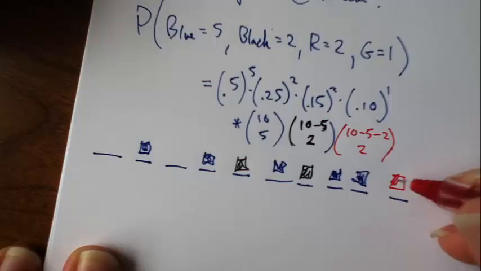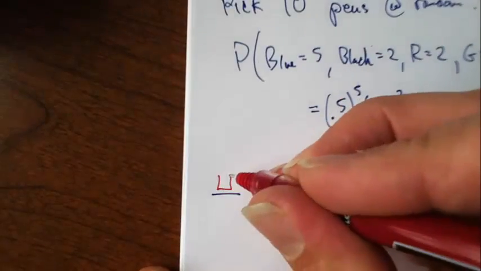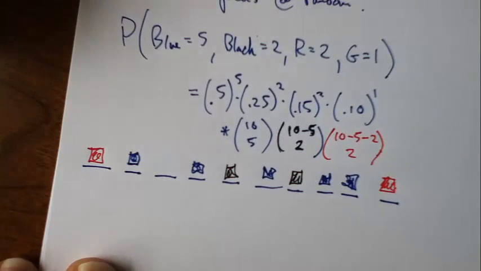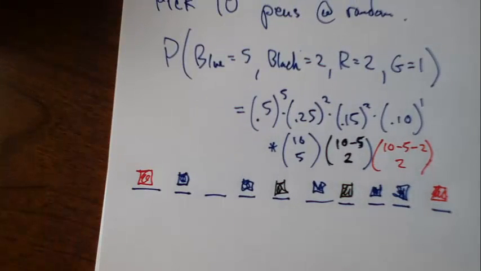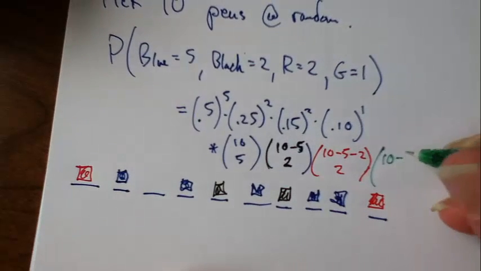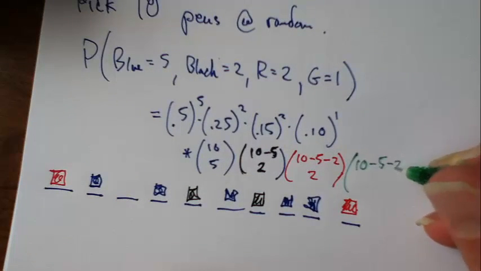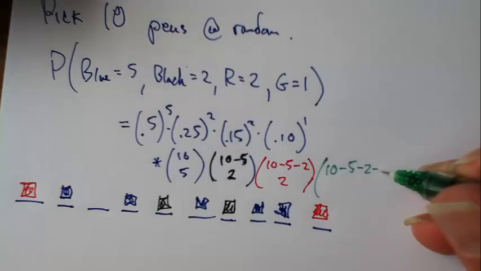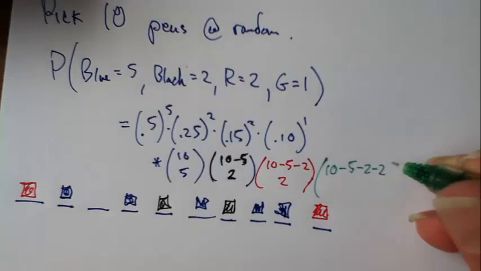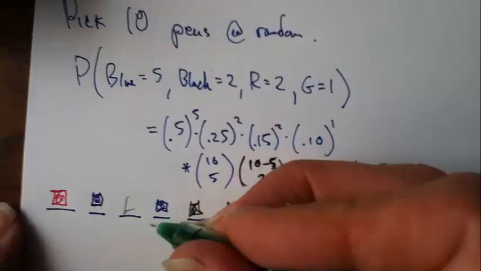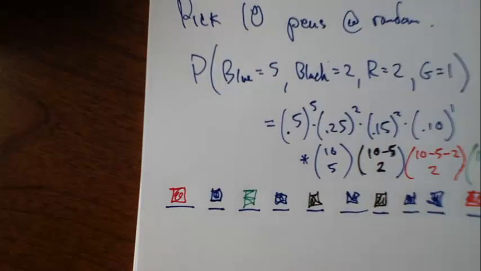How many ways can I place the 2 red pens there? Okay. So now once that's done, I'm only left with 1 way: 10 minus 5 minus 2 minus 2, choose 1, right? A place to put that remaining green pen.